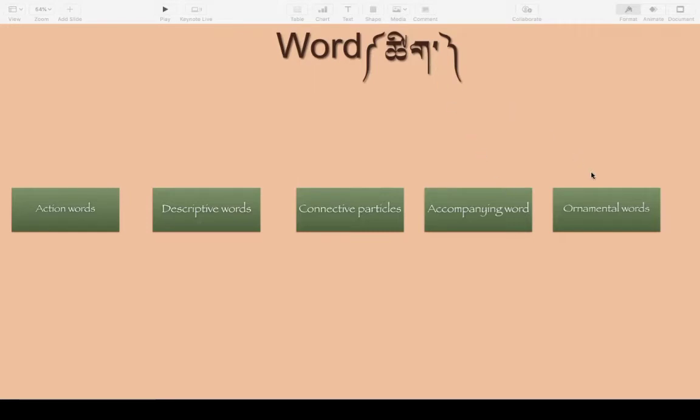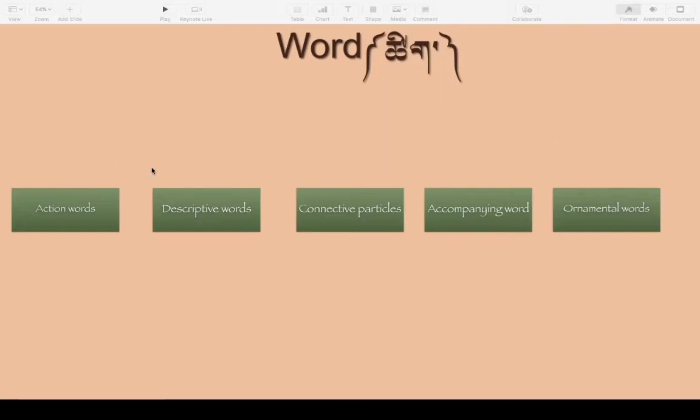and the ornamental words. And out of this, we have to understand that only 1, 2, and 3, the action word, the descriptive word, and the ornamental word, these three are the ones which have a meaning of their own when we are reading or writing them by themselves.